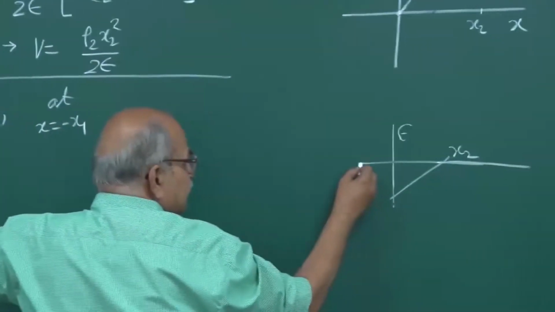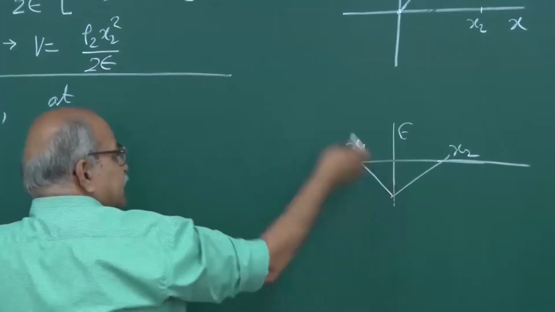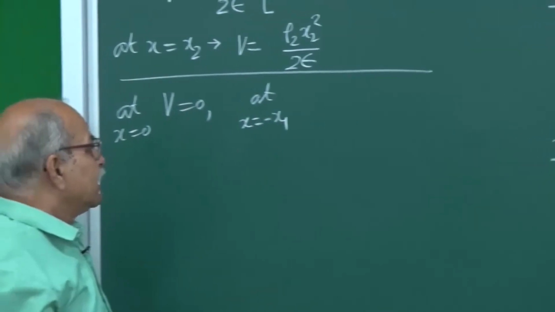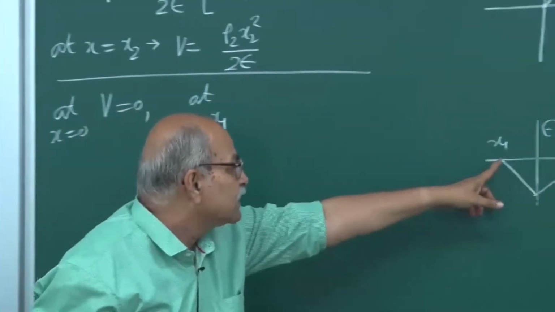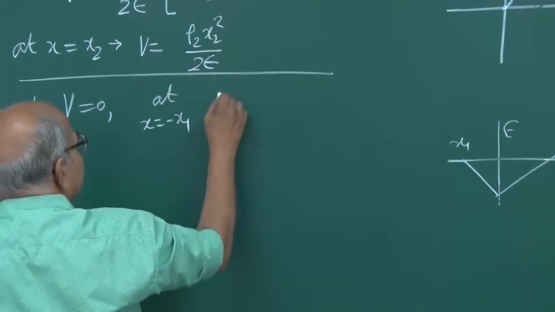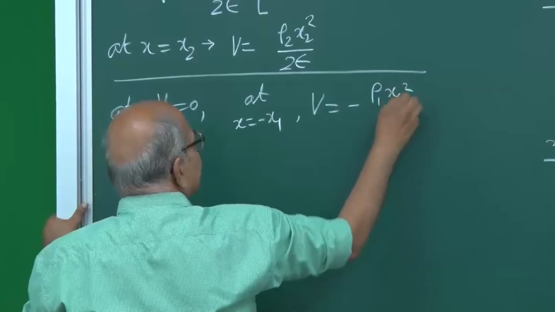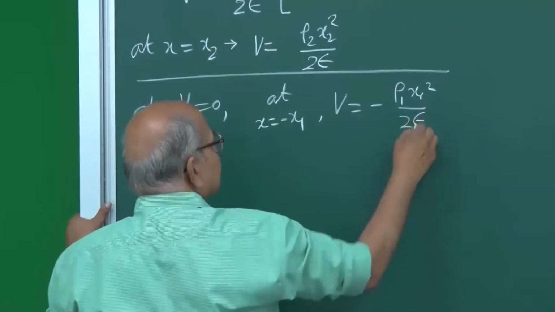Remember, the electric field is linear, so it has to be quadratic, and at this point you can take the similar expression from here, v is minus rho 1 x1 square by 2 epsilon.